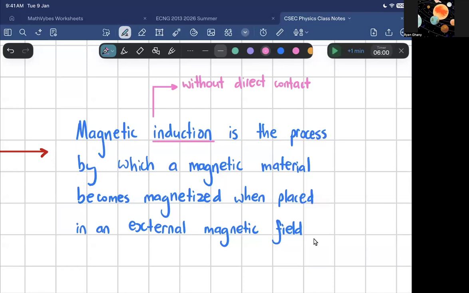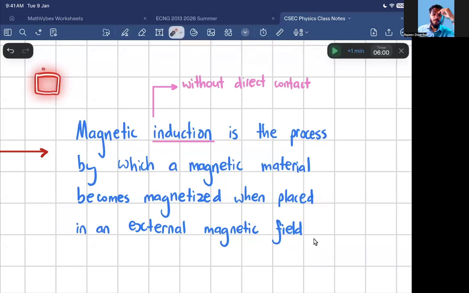Yes, sir. Do you have to touch the magnet to the iron for the iron to feel the magnetic field lines? Let me say that again. Ryan, around the magnet, what do you have? Magnetic field lines.